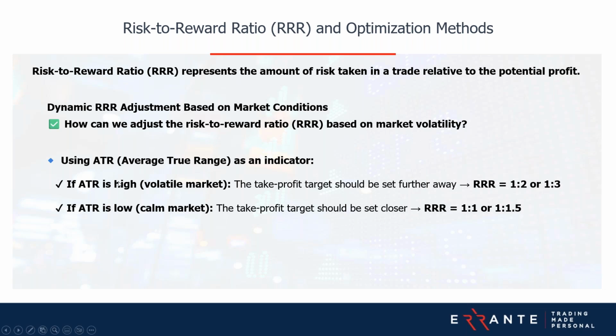So if you see the ATR is picking up and the market is getting more volatile, we can put our expectations higher, or increase our RRR. If not, it's better to lower that.